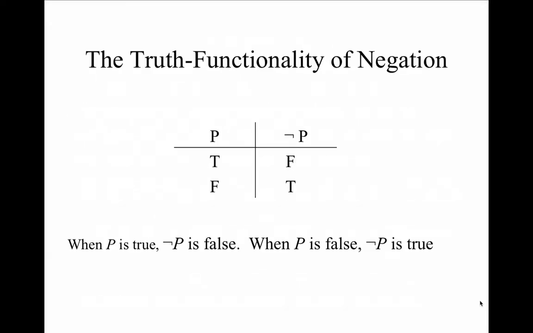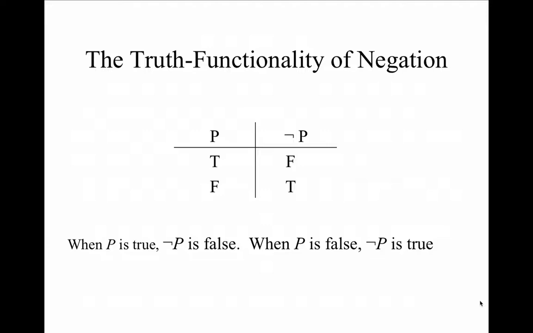On the left-hand side of the vertical line is the set of possible values for the sentence P. And remember, P is just a stand-in for any sentence in the universe. P could be true or false. The definition of negation, then, is false when the sentence it's negating is true, and true when the sentence it's negating is false.